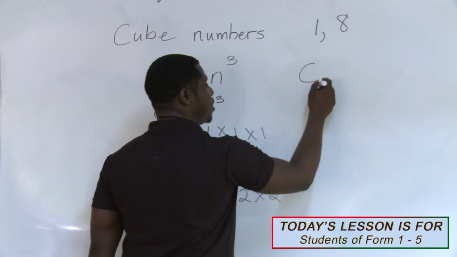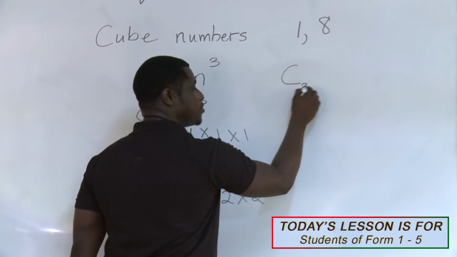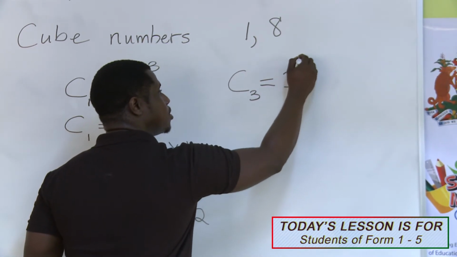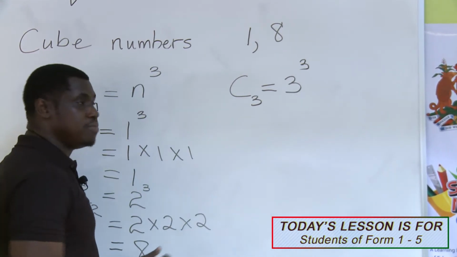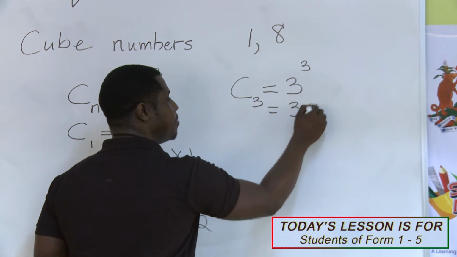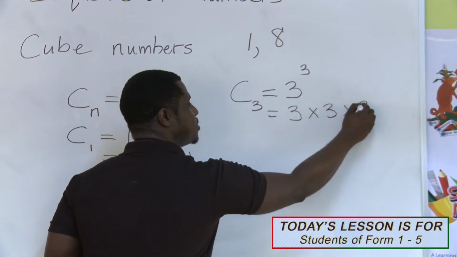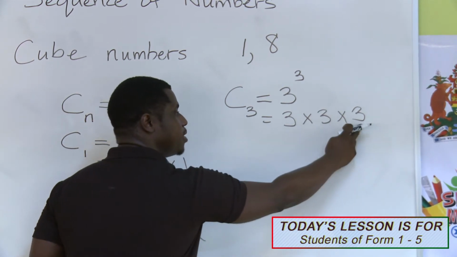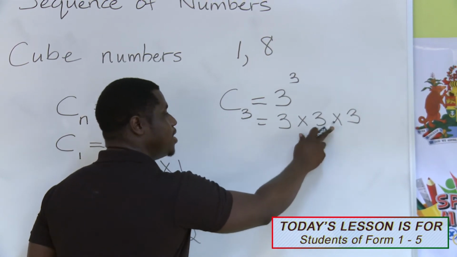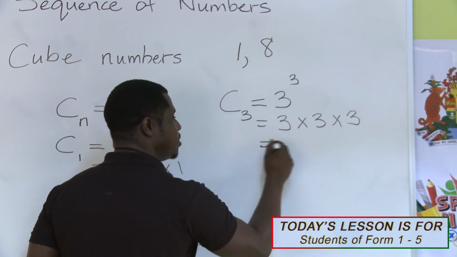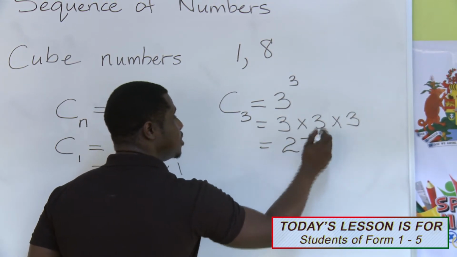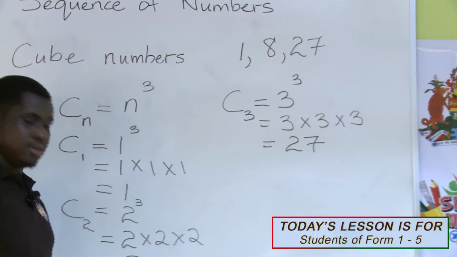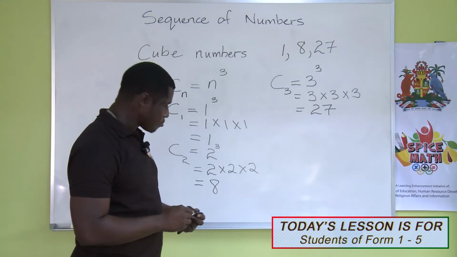The third cube number is C subscript 3, which is equal to 3 cubed. And 3 cubed means I'm multiplying 3 by itself 3 times. 3 3s are 9, and then 9 times 3 is 27. So my third cube number is 27. Are you getting the hang of that?